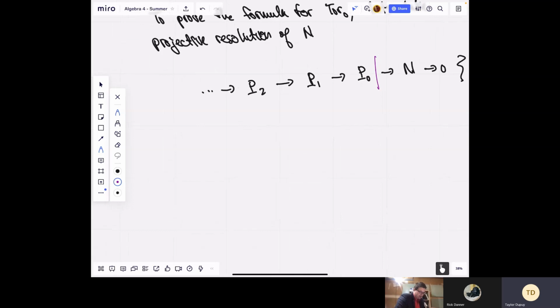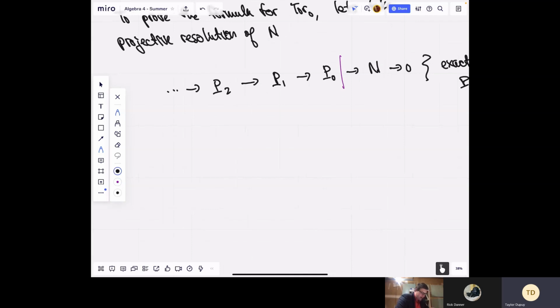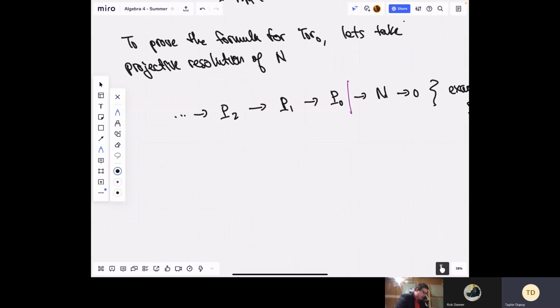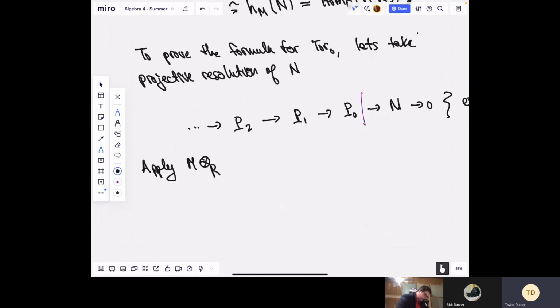You can consider it as a morphism of complexes, where the complex for N is just sitting in degree 0. Now we apply the functor M tensor over R to the resolution, and again, you don't include the N part.